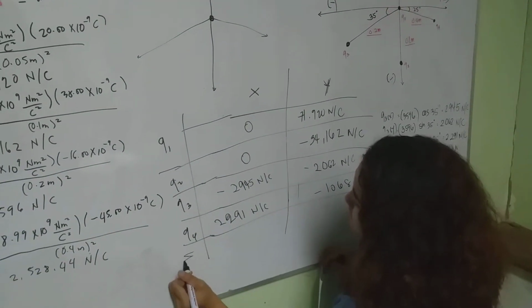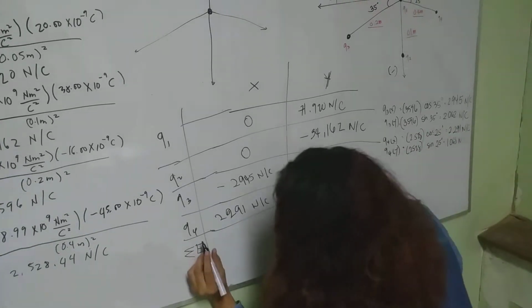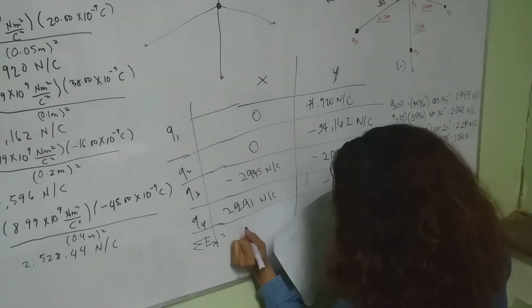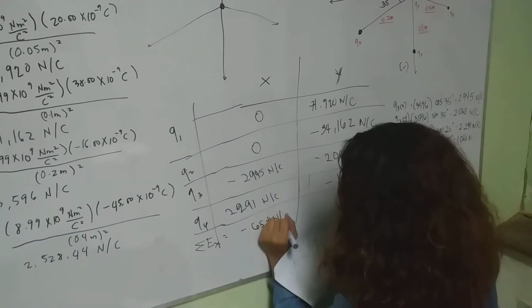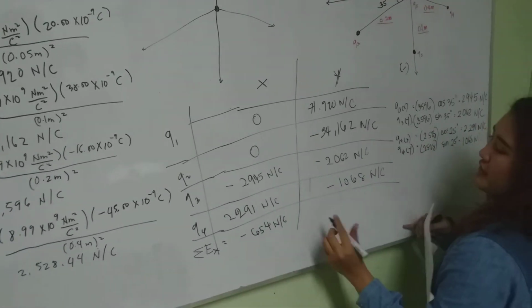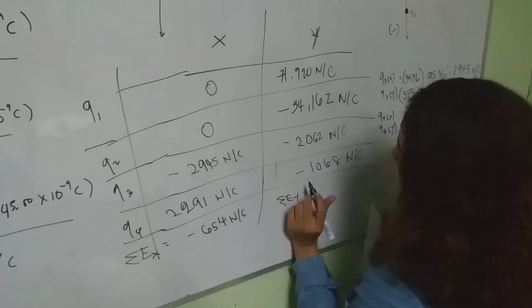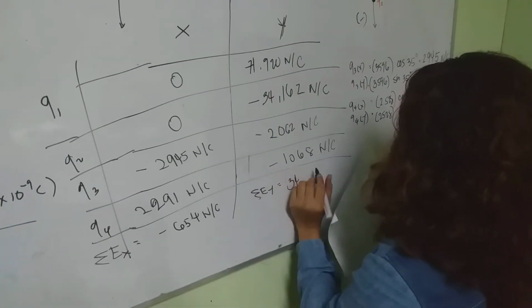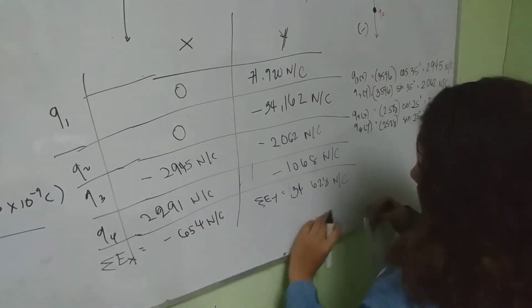And we have to add all of it or get the sum of all of it. So the sum of the electric field of x component is negative 654 newtons per coulomb. And for the sum of our y components, it will be 34,628 newtons per coulomb.